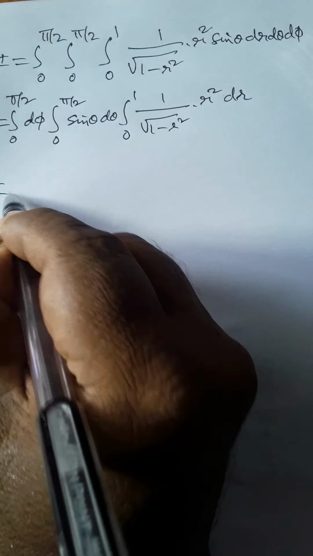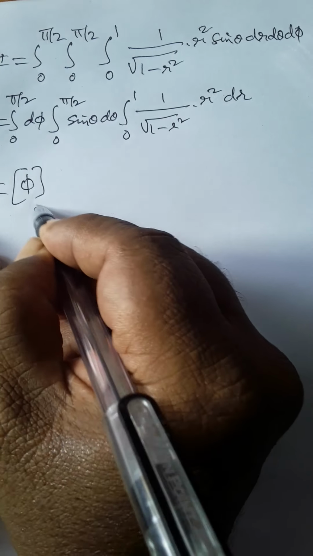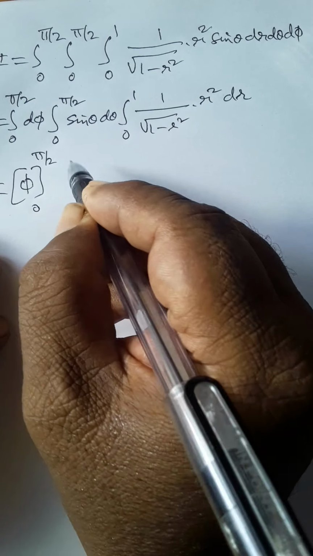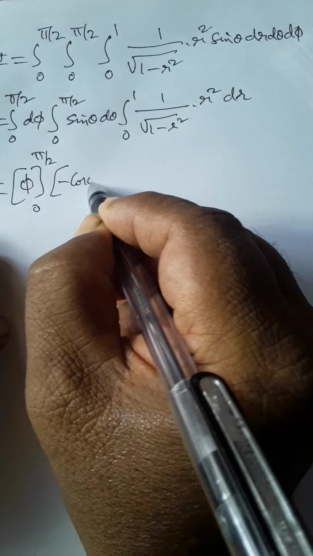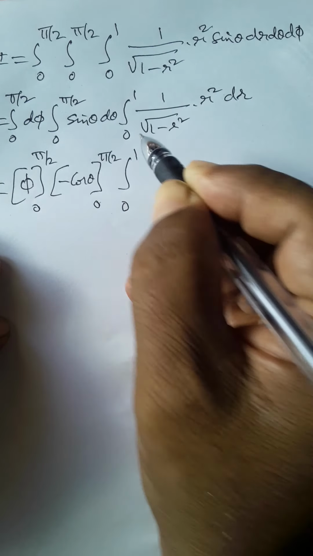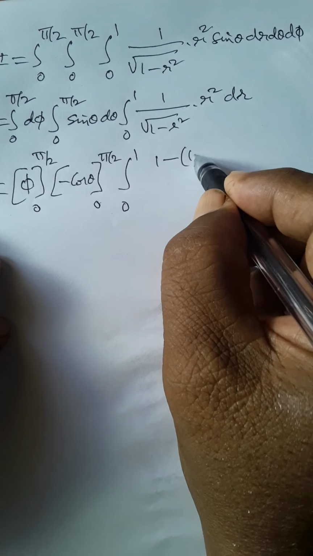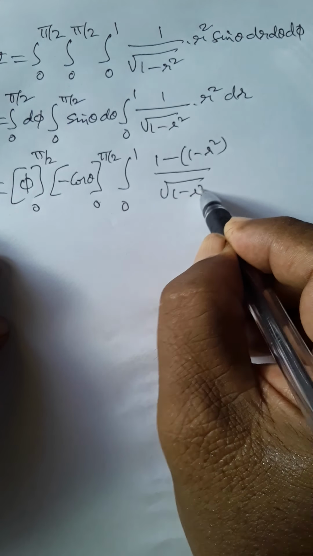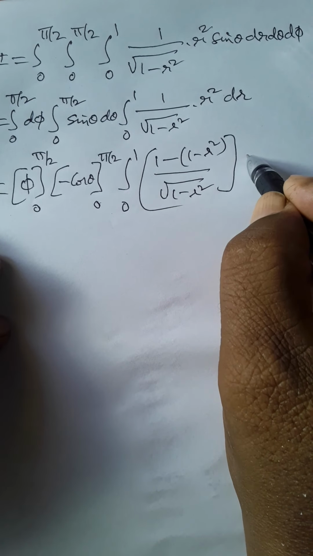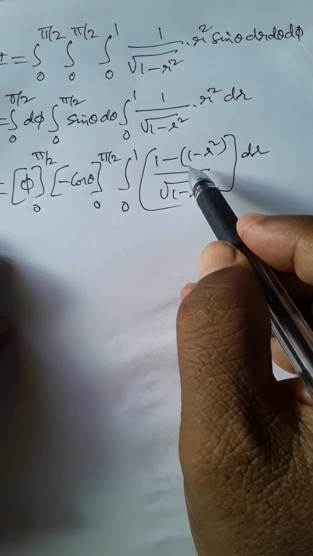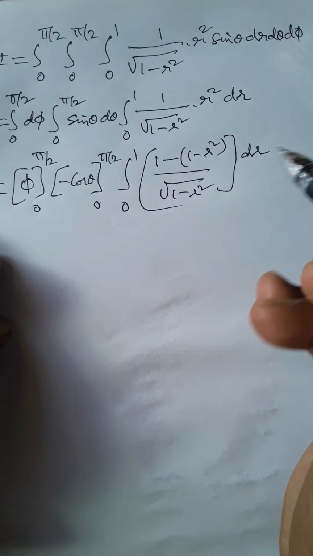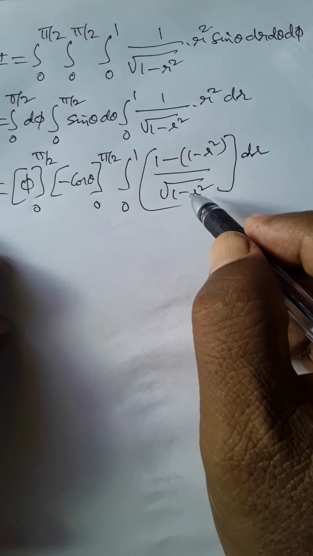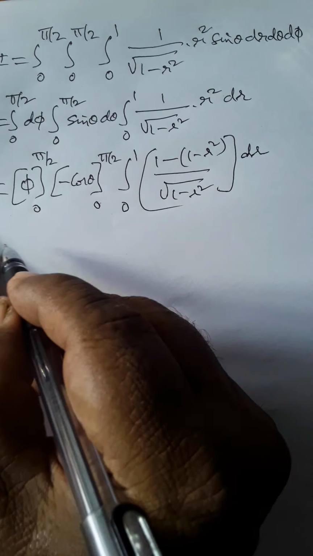Integral d phi 0 to pi by 2, integral sin theta is minus cos theta 0 to pi by 2, integral 0 to 1, you write this as 1 minus r square by root over 1 minus r square. Minus 1 plus 1 cancel, r square we get, 1 minus r square by root over 1 minus r square.